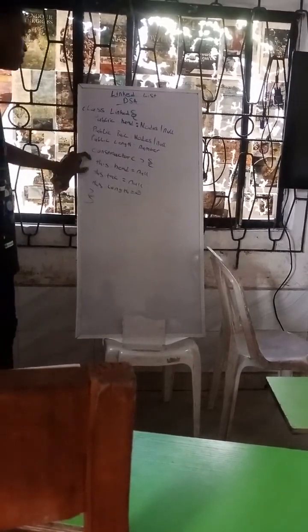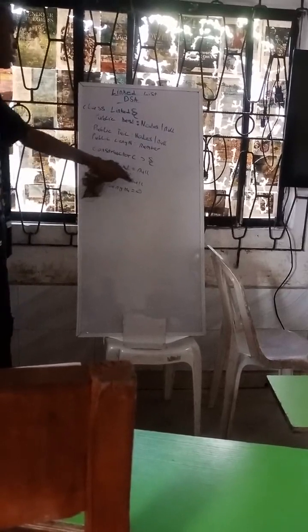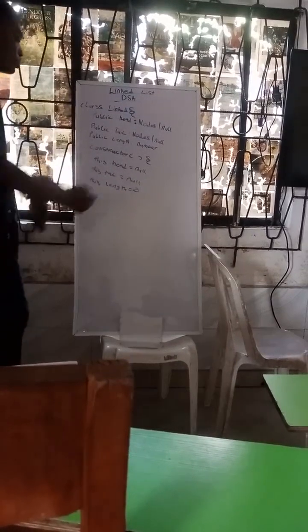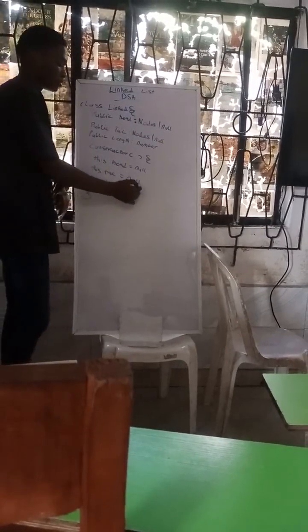We don't have a value inside our node yet. So our length is equal to 0, because presently there's no node in our head.